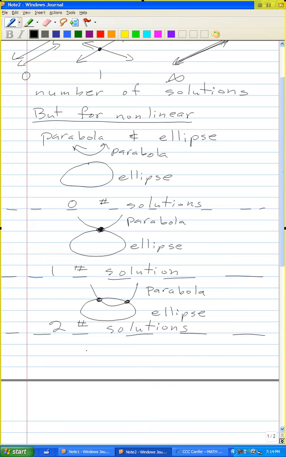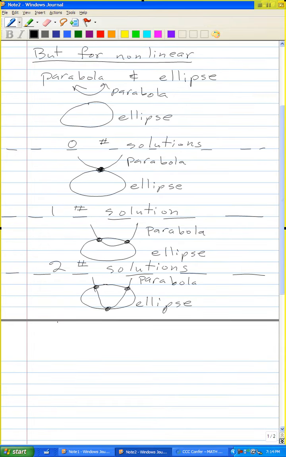I could have an ellipse and a parabola intersecting at three points. Here's my parabola, here's my ellipse, and so in this case I could have three solutions.